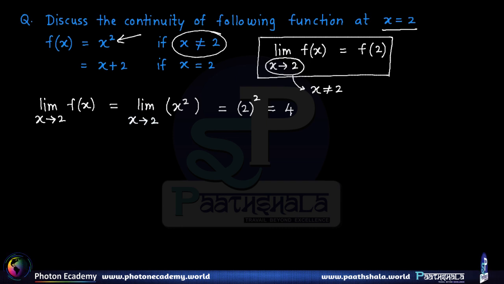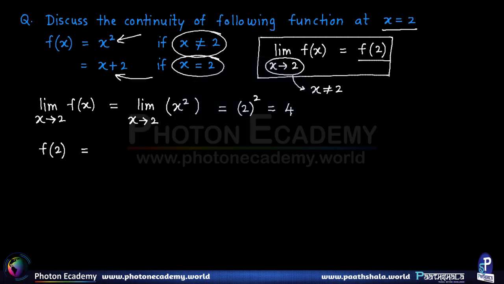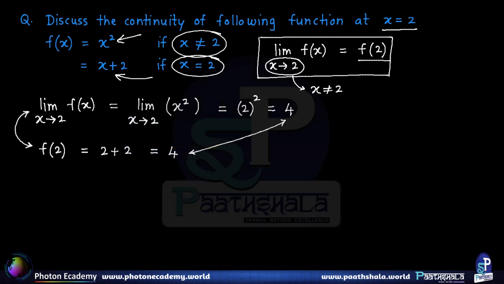Now the right hand side is f of 2, that is we have to find the value of the function when x is equal to 2. Now if you check, when x is equal to 2, the function is defined as x plus 2. So f of 2 will be nothing but 2 plus 2, which once again turns out to be 4. So we observe that the limiting value of the function as x tends to 2 is the same as the actual value of the function at x equal to 2.